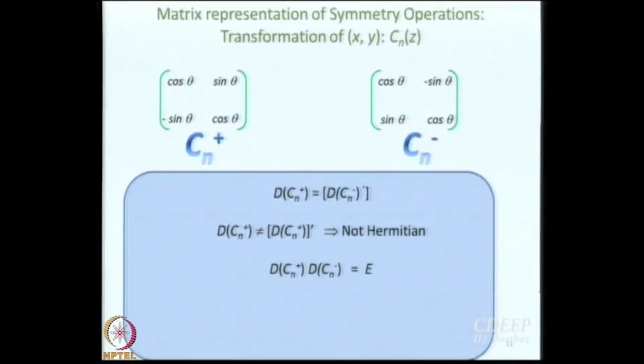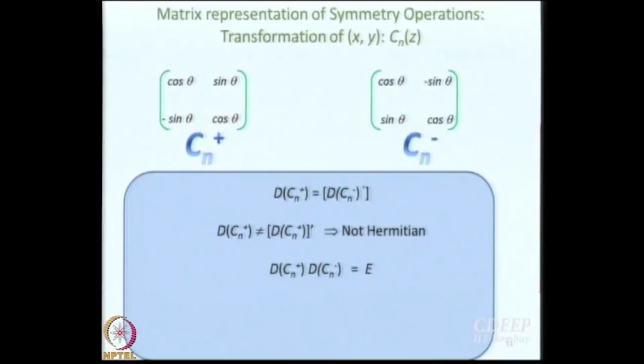First row, first column, what is it? Cos theta into cos theta plus sin theta into sin theta, cos square theta plus sin square theta. What is cos square theta plus sin square theta? 1. So, first row, first column is 1. First row, second column, cos theta into minus sin theta, so minus cos theta sin theta plus sin theta cos theta, that is 0.